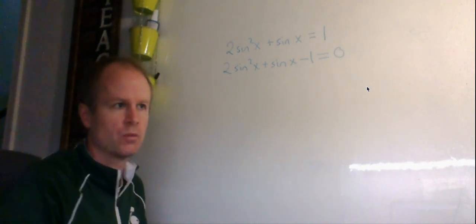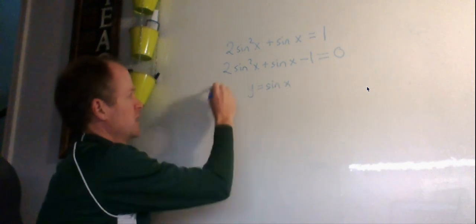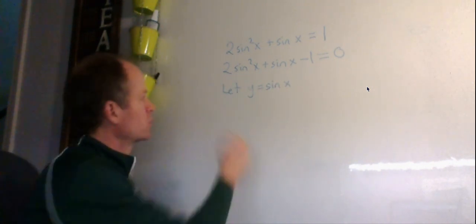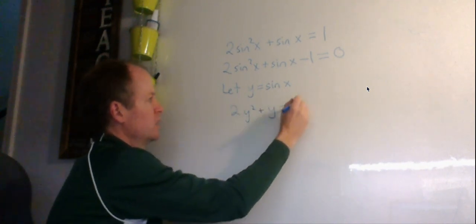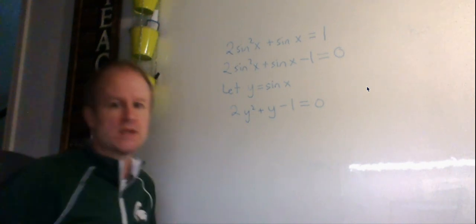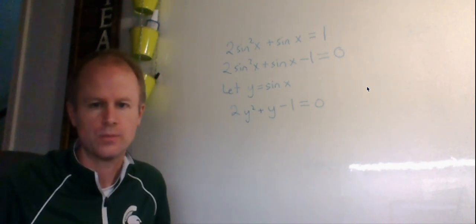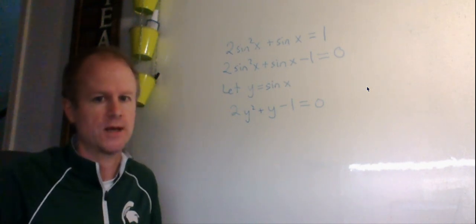It's just we're renaming sine of x as a variable y. So I'll just say let y equals sine of x. So I'm just going to rewrite this 2y squared plus y minus 1 equals 0. And the reason I did that is just to make it easier to look at. That's all. And if you'd rather just keep it sine of x and sine squared of x, that's fine.